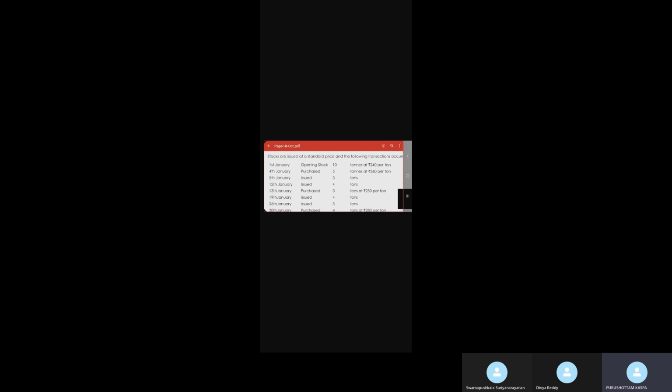Next method is standard price. Stocks are issued at a standard price, and the following transactions occurred for a specific material. Standard price is the price determined in advance based on the past experience of the business entity.